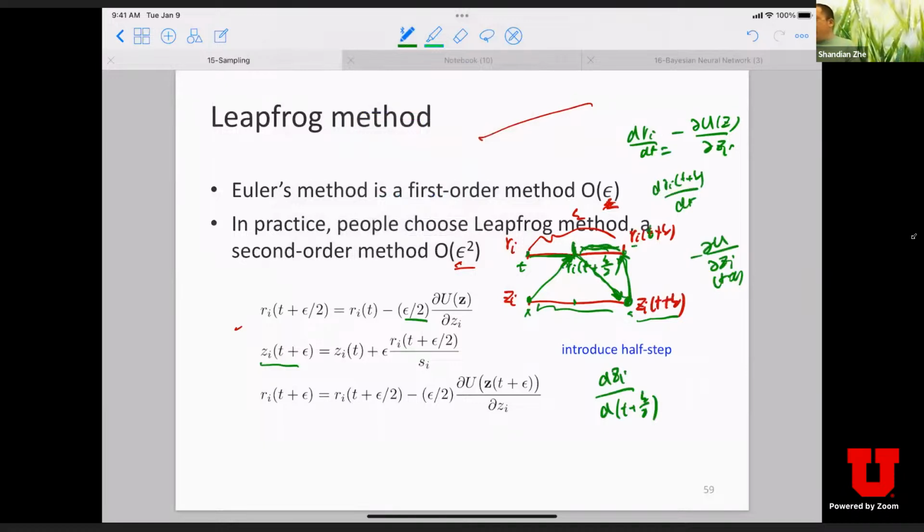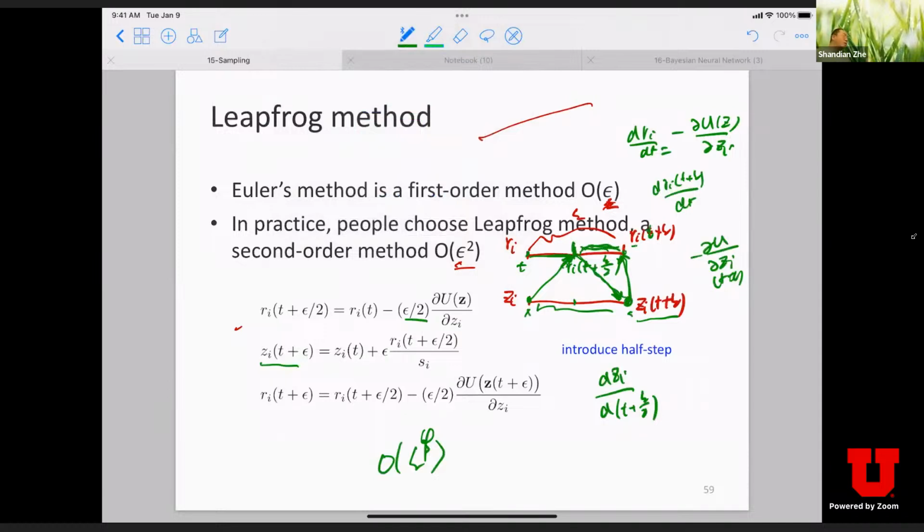Through this smart design, the numerics show that this keeps second order error. Someone may ask, is there an even higher order numerical integration approach, say one where I can get epsilon squared, epsilon cubed, epsilon fourth order of error? The answer is yes.